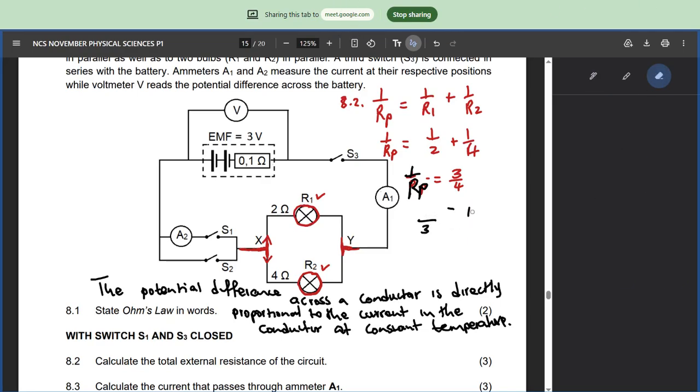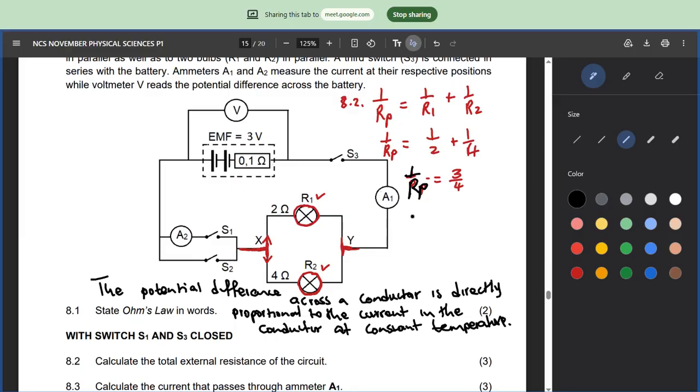When you get to this step, you can just say your RP is the reciprocal of that fraction. That's why I need it as a fraction. So you interchange the denominator and the numerator, and then you can punch your calculator and say your RP is 1,33 ohms.